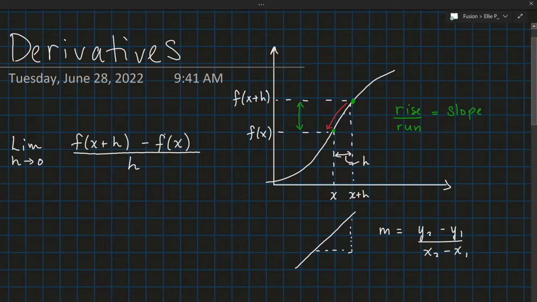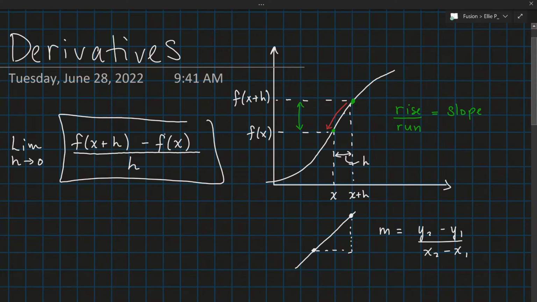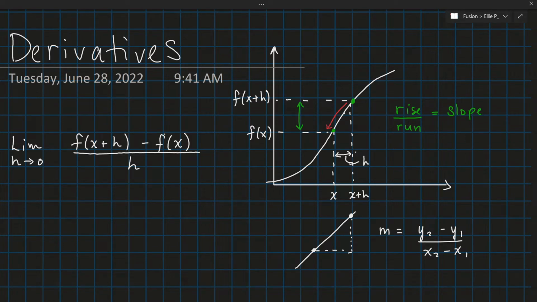So it's defined by 2 different points. And if you look, this is actually the same thing that we have right here. y2 minus y1, and then h is just x plus h minus x. So it's the exact same thing, but the difference is with this limit, we are no longer defining it at 2 points as h goes to 0, because it's the slope at that single point, f of x.